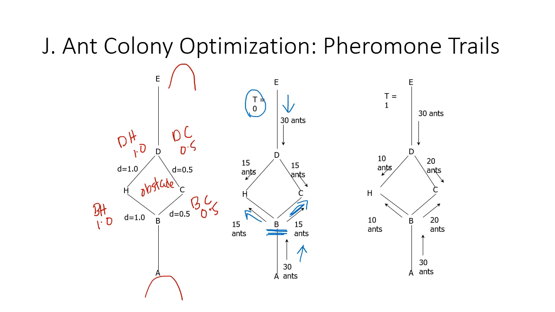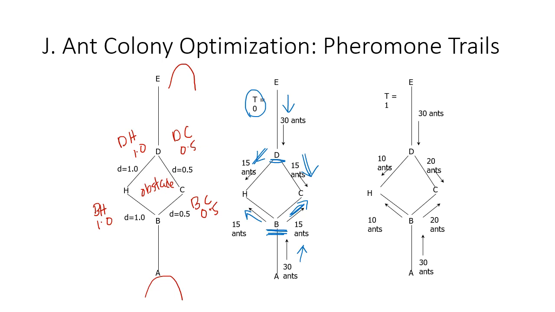Same goes at location D. The 30 ants that come from nest E just now will be divided equally on this path. 15 will go through the DH trail and another 15 will go through the DC trail.